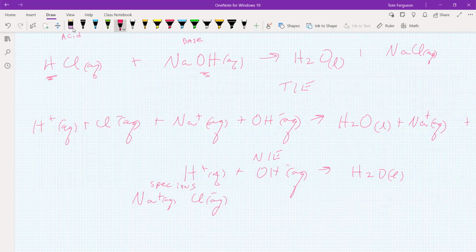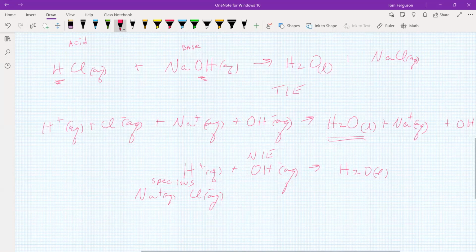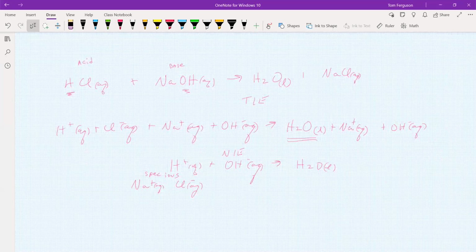So that's why we write it together like this. We're not going to take it apart. Then what's left over is the sodium and the chloride, and those don't form a solid, so we have to keep them in aqueous form.